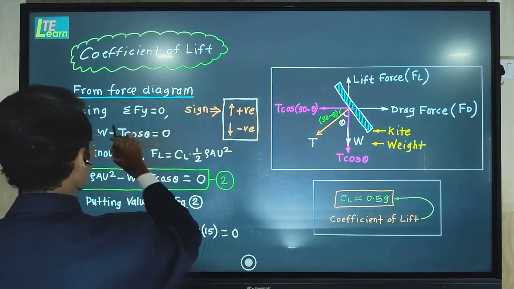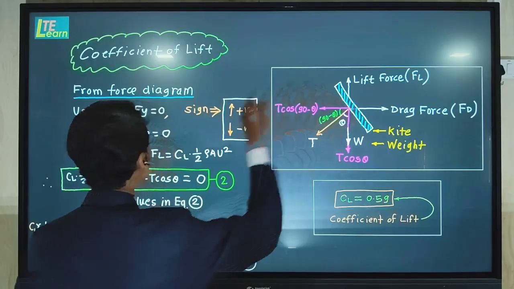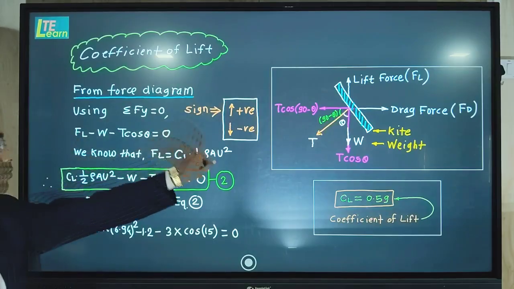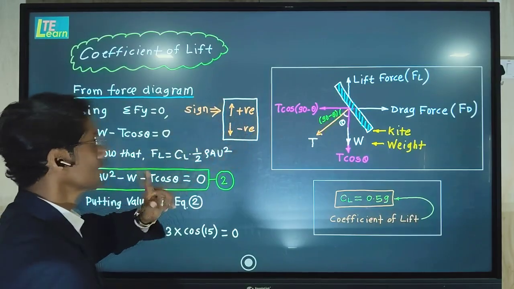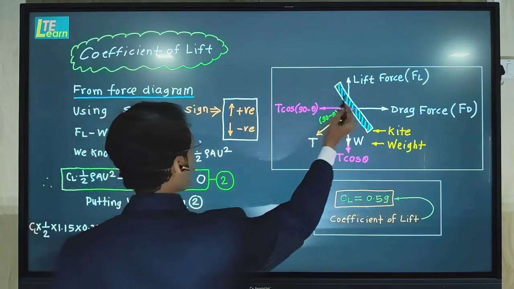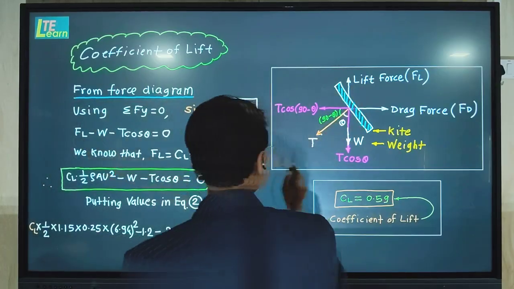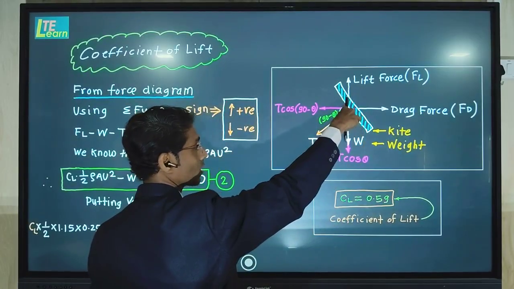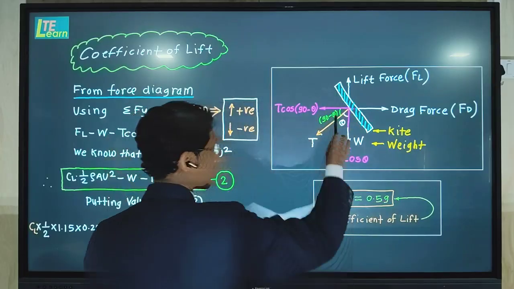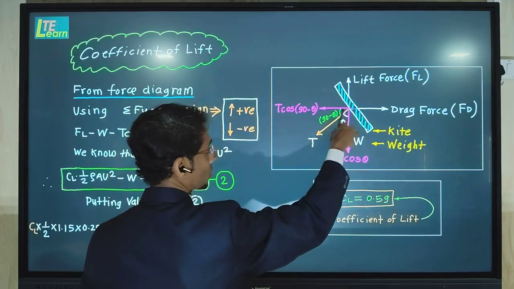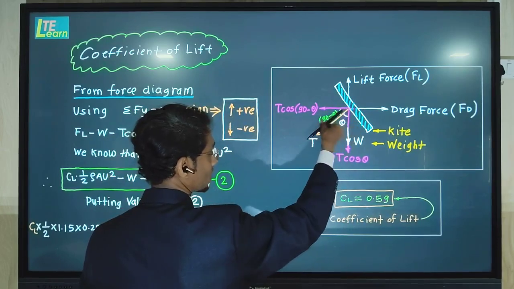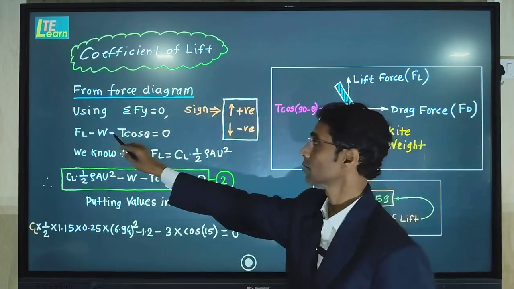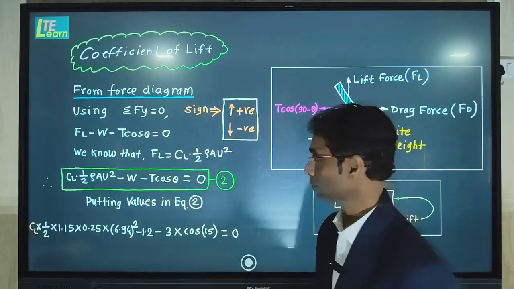So from the force diagram, using summation of vertical forces, sigma Fy is equal to 0, we will use the sign convention for upward forces positive, downward forces negative. In this case, first lift force is upward, that is why positive. Then the weight component is acting in a downward direction, so minus W. And then the vertical component of the string tension, that is T cos theta, which is in downward direction, that is why we have taken here with minus sign, is equal to 0.